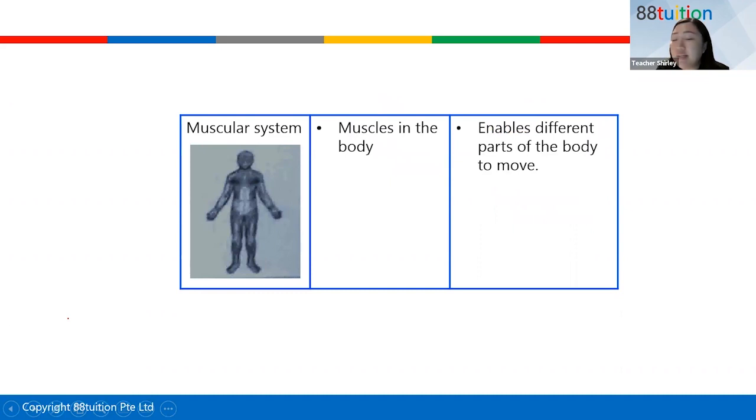And lastly, the final system that we're going to touch on is the muscular system. As the name suggests, muscular means there are muscles. The organs involved would be muscles. And of course, muscles play the very important function of enabling us to move. It usually works with the skeletal system. It works with the bones to move.